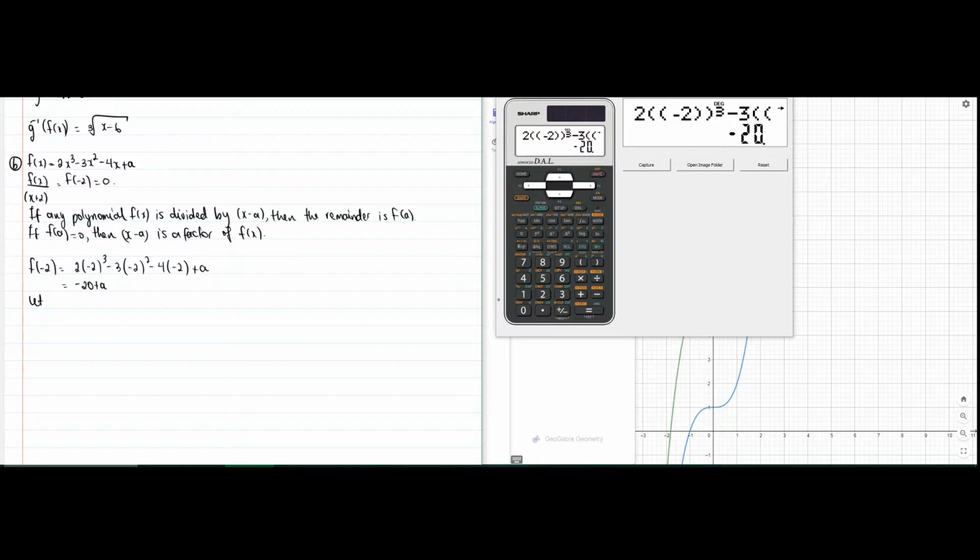We let f of minus 2 equal 0, so minus 20 plus a is equal to 0, and a is equal to 20.